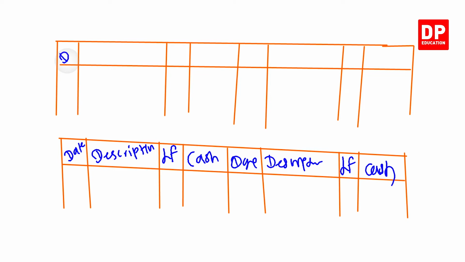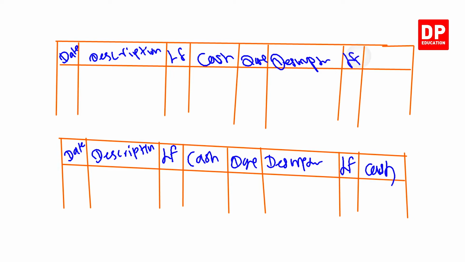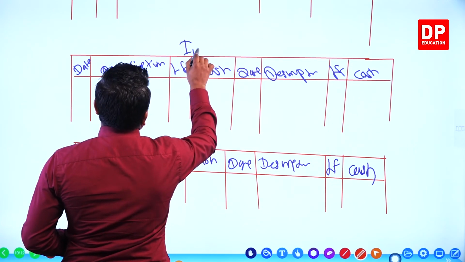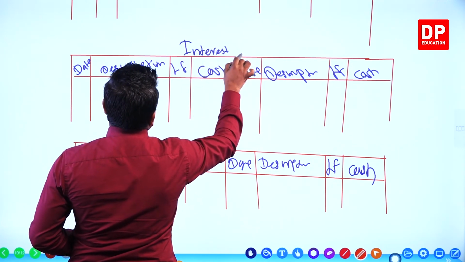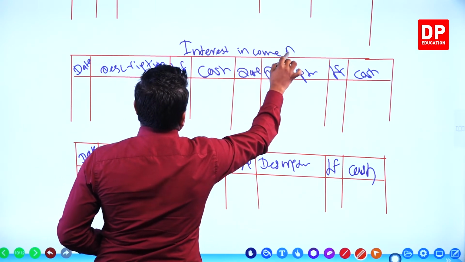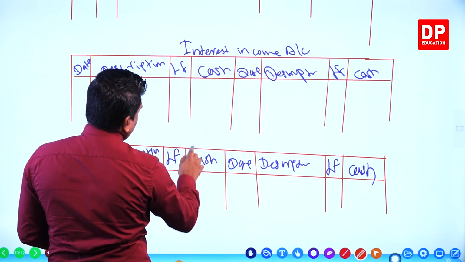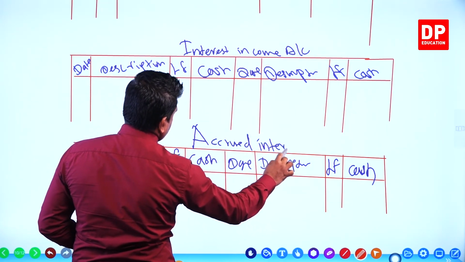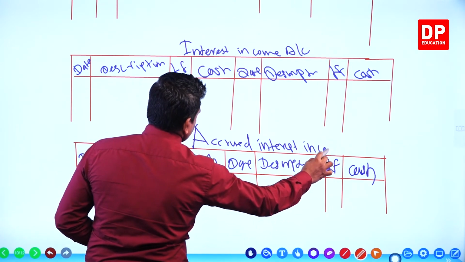Here also the same: date, description, ledger folio, cash, date, description, ledger folio, cash. What are the accounts? Interest income account, and what? Accrued interest income account.